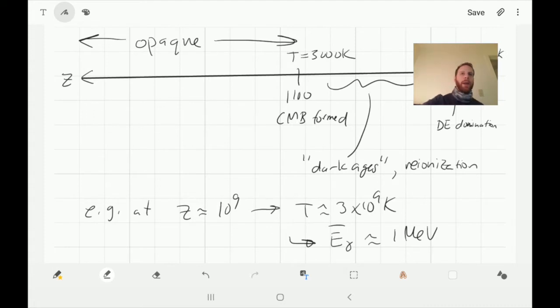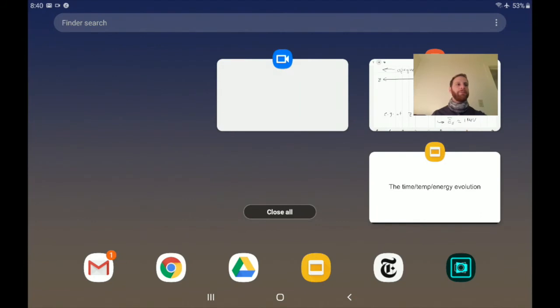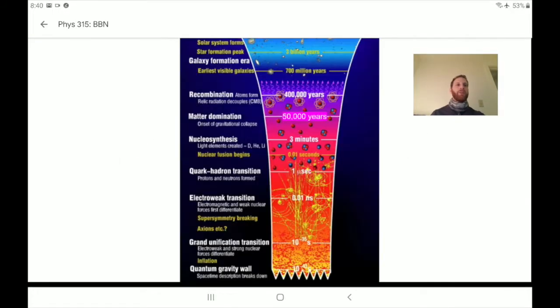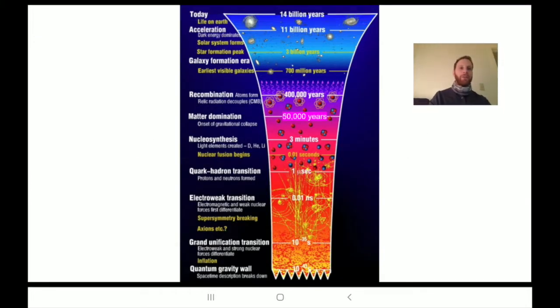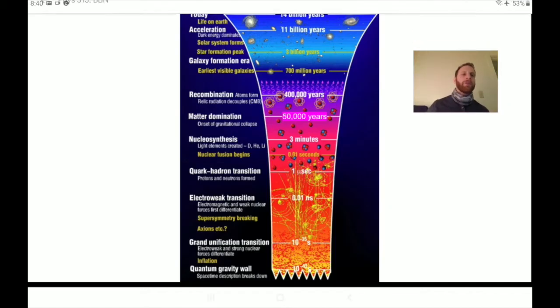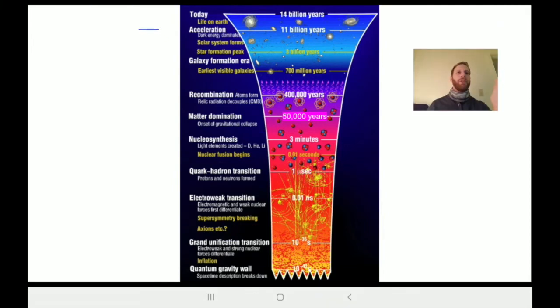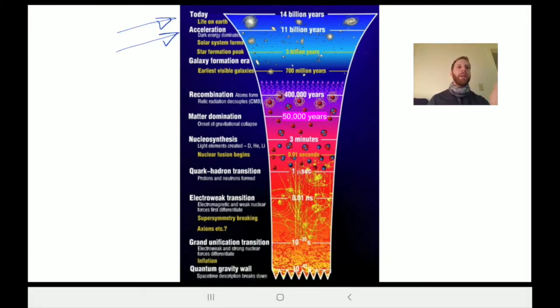So I want to go ahead and show you a picture that we will try to justify. You'll see many different graphics about what has happened in the universe, but at least this will be a little bit more detail of what I was just showing you, screen right. So, today at roughly 14 billion years after the Big Bang, that's where we are. Dark energy started to dominate here.